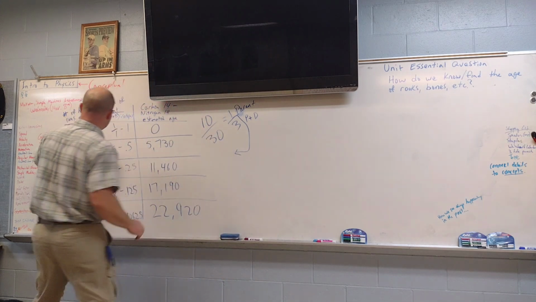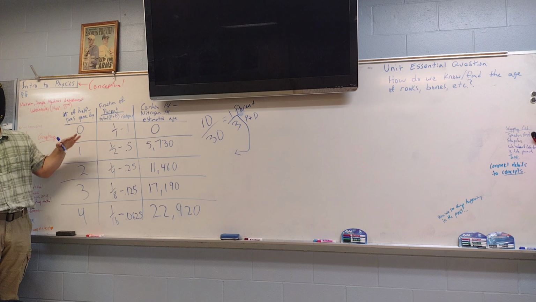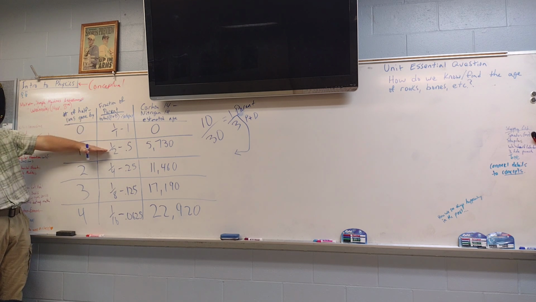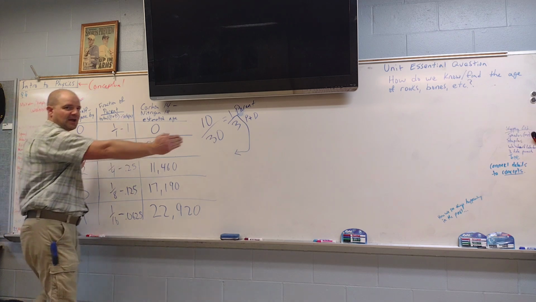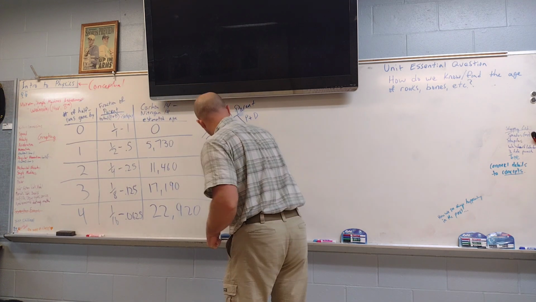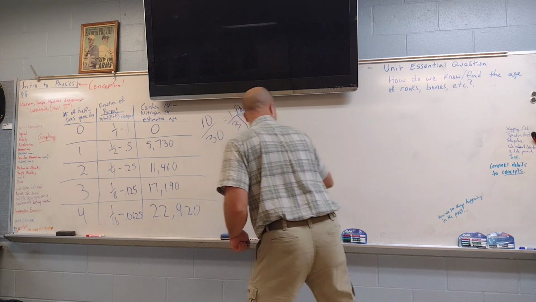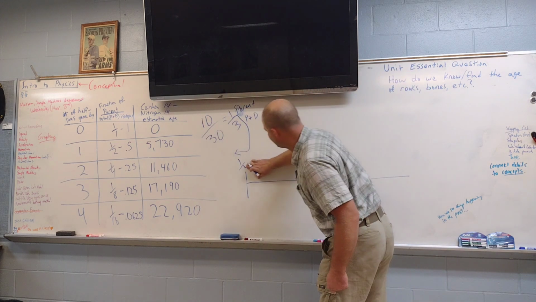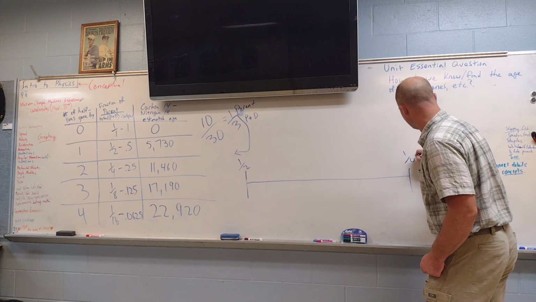Let's turn this into a timeline, a number line. We have the half and the quarter. We're going to turn them on their side and open it up. So we're going to have 1/2 over here and 1/4 over here.